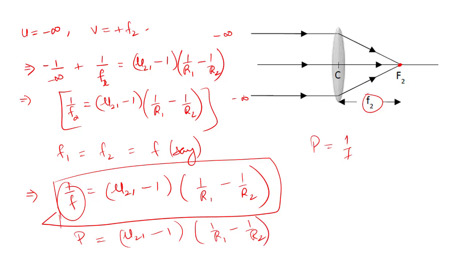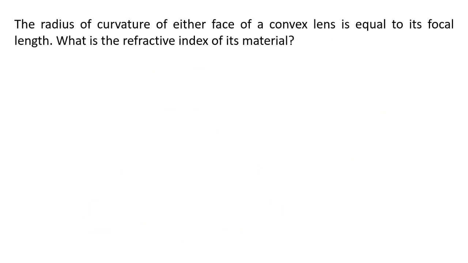Okay, that is all about the derivation. And let us do some numerical problems. For the first one: the radius of curvature of either face of a convex lens is equal to its focal length. What is the refractive index of its material? Okay, we have R1 and R2, and both the radii of curvature are equal to the focal length.